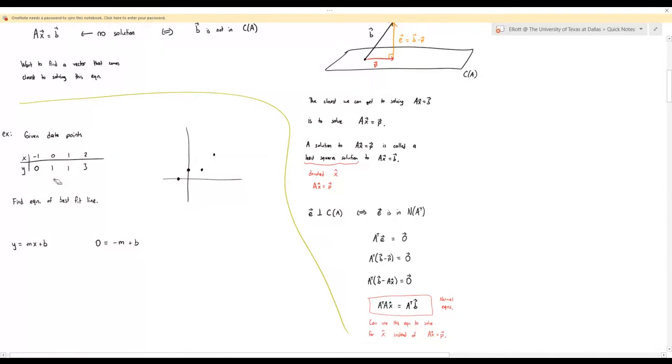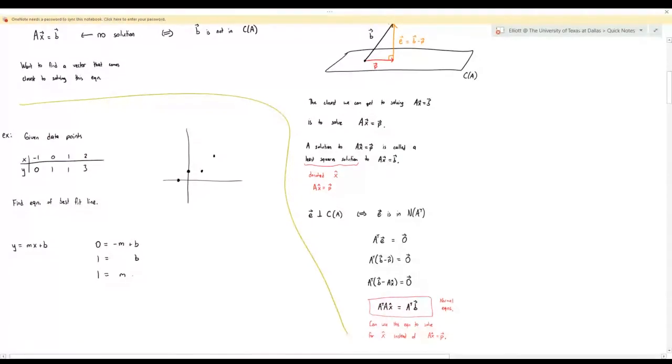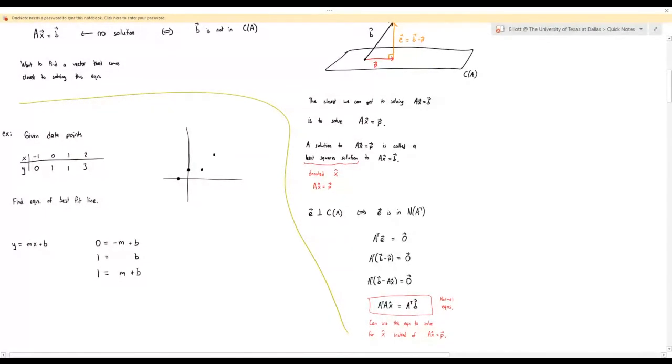Next, if I plug in 0 for x and 1 for y, we get that equation there. Likewise, I'll plug in 1 for x and y. And lastly, I'll plug in the point (2, 3).